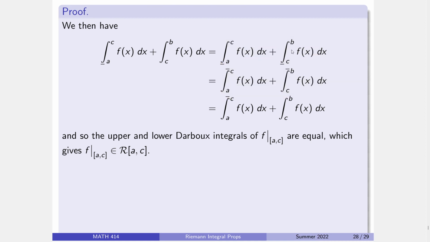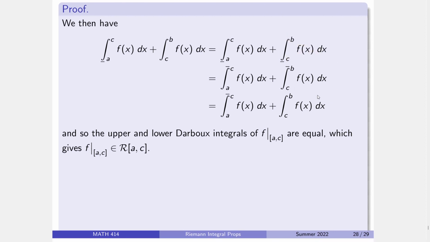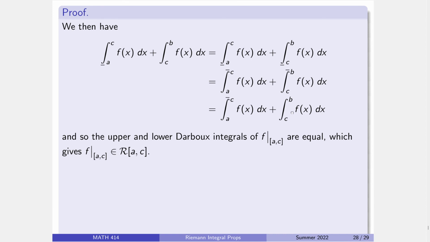We do know now that f is integrable from C to B, so the upper and lower Darboux integrals are indeed equal. That allows me to cancel and get the lower and upper Darboux integrals of f restricted to AC are equal, which means that that restriction function is integrable.